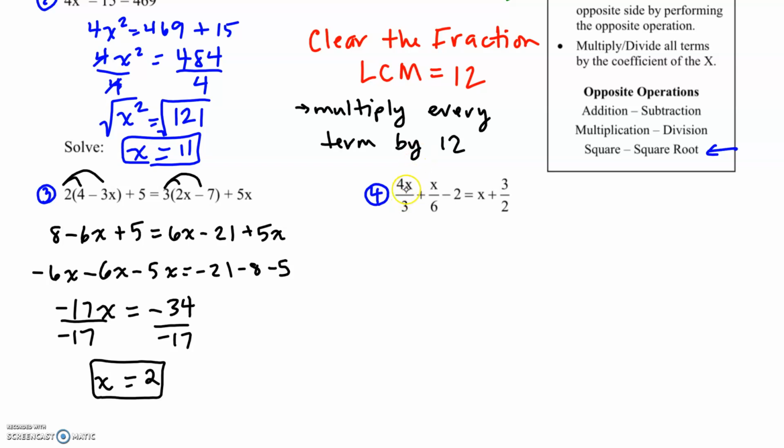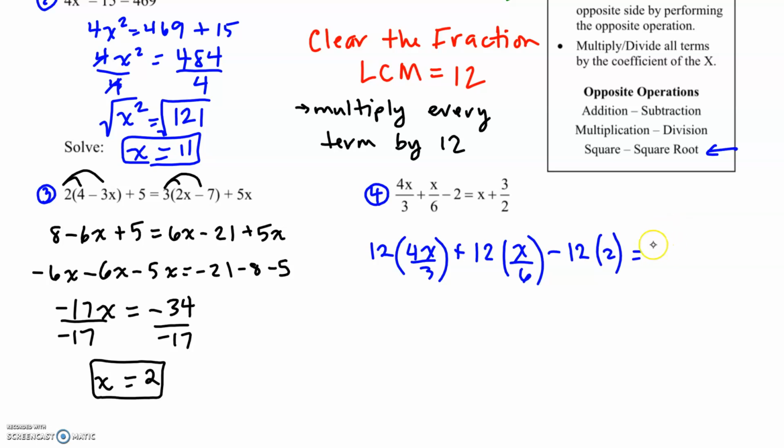Okay, that's what we're going to do. So the first term is 4x over 3, so I'm going to multiply 4x over 3 by 12. The next term is x over 6, so I'm going to multiply that by 12. The next term is 2, so I'll multiply that by 12. Now I'm on the other side of the equal sign.